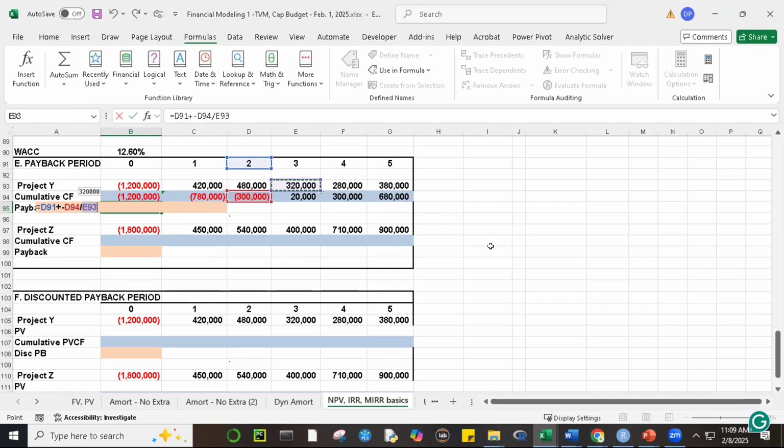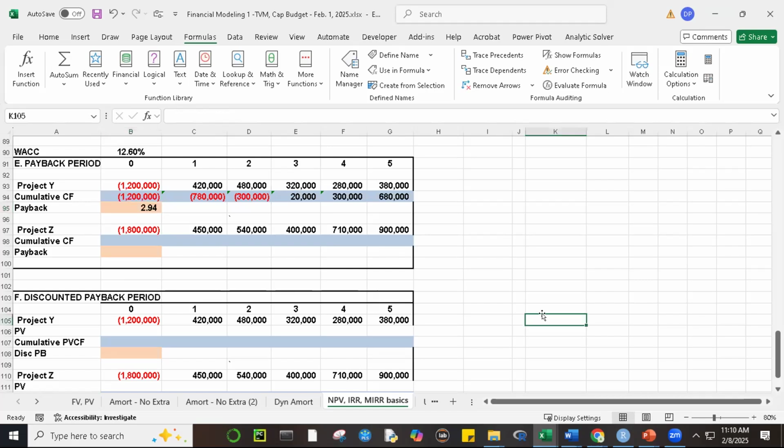We're just prorating it. Out of the total 320 we're going to get in year 3, we need only 300,000. Okay, so if we run this, enter, that's approximately 2.9 years. We're assuming that this amount will be generated uniformly throughout the period. Okay, so let's just do that for project Y.